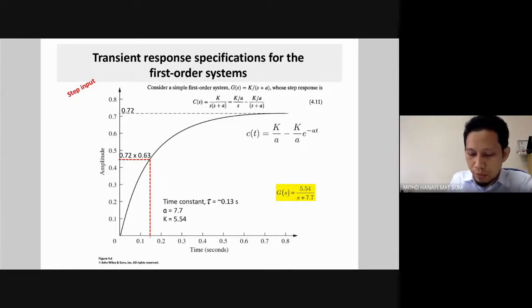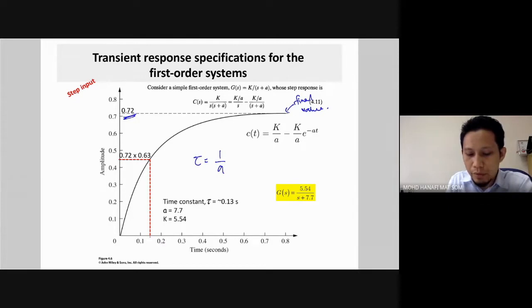What we can do here is find the time constant. Remember, time constant tau equals 1 over a. From this expression, we know that tau is the time taken to reach 63% of its final value. So this is the final value. Let's say the final value is 0.72.